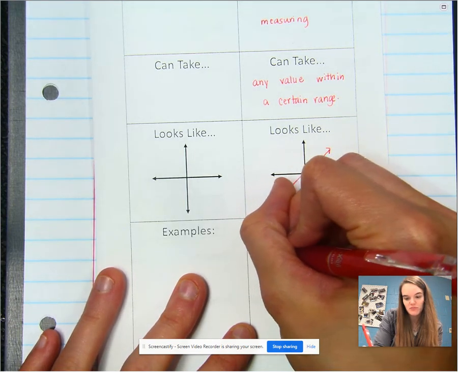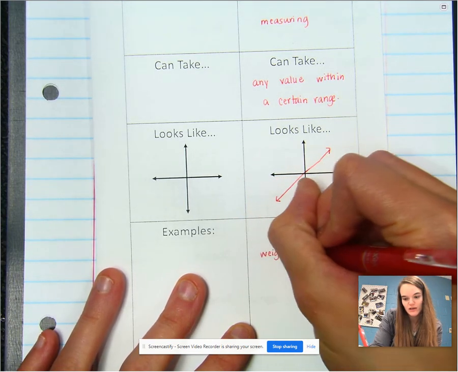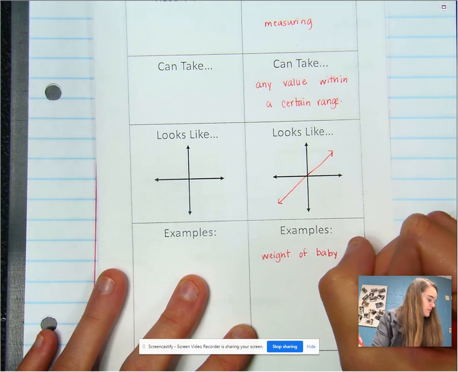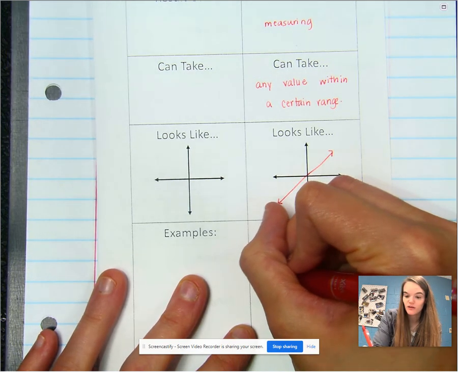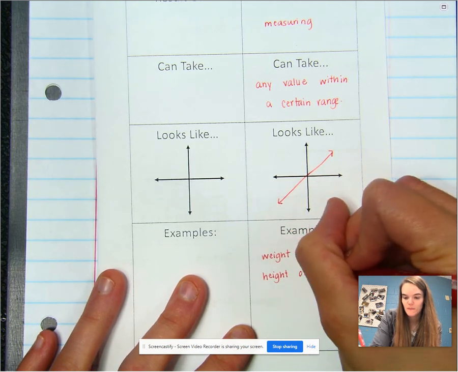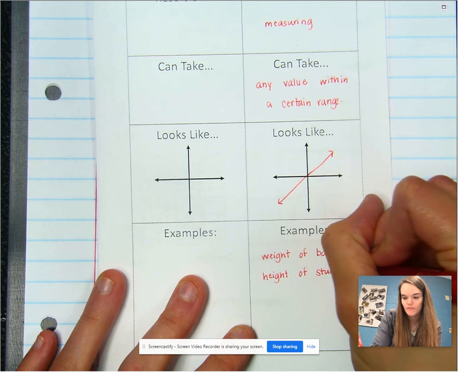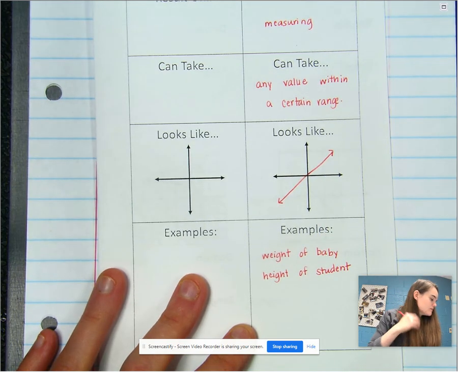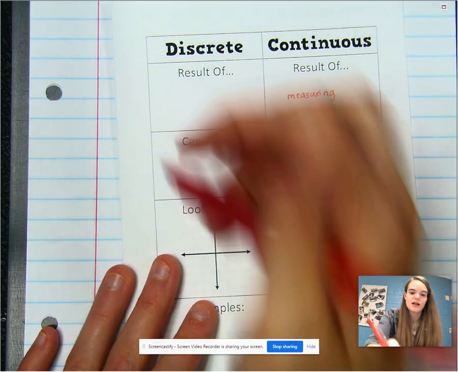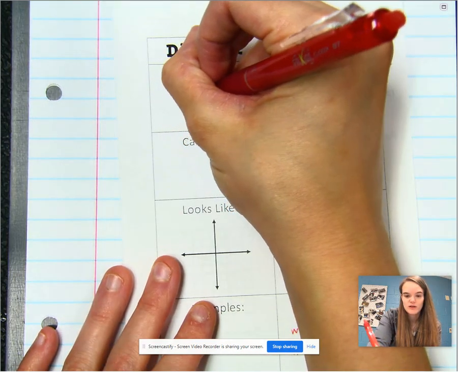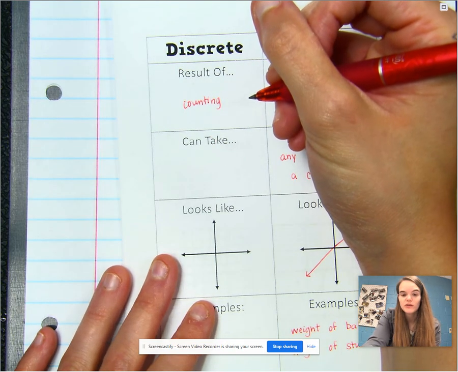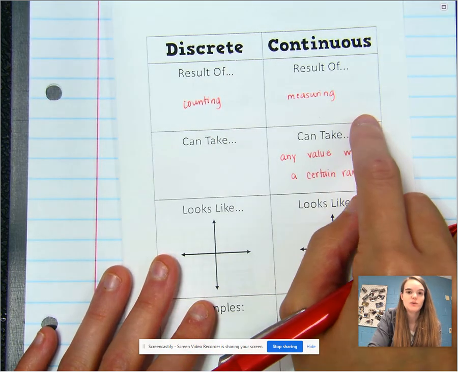a weight of a baby can take on anything within a range, as can the height of a student. Okay. Now discrete. Discrete is like counting. So if you're in my class and I've got 27 students, that is discrete, not continuous.